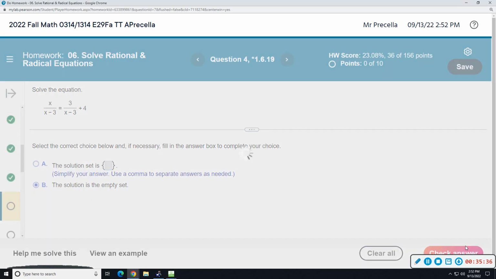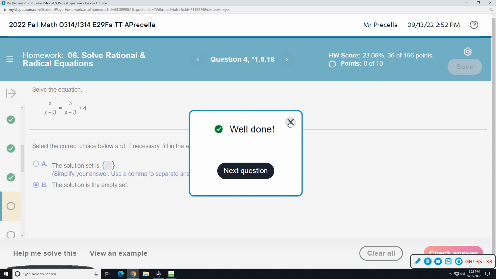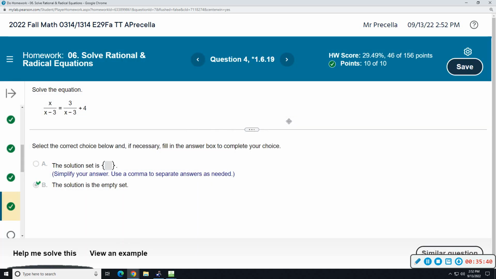I've already checked it. If you're solving these rational equations and the number you get gives you a denominator of 0 in the original problem, you have to cross it out. That's why we have those problems 1 and 2, to get into your head, denominator can't be 0.